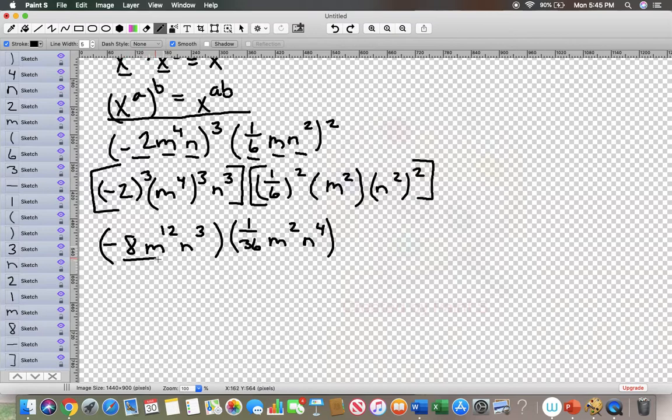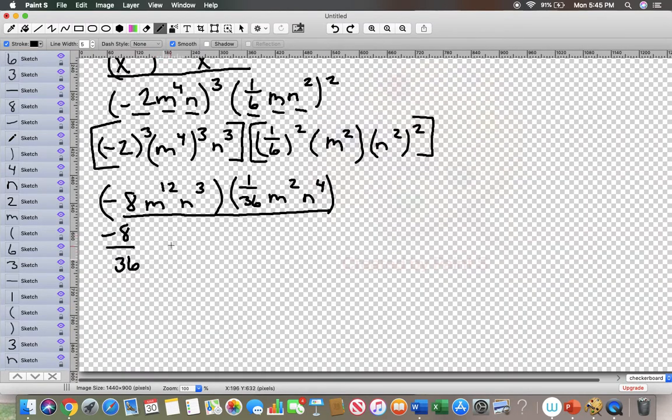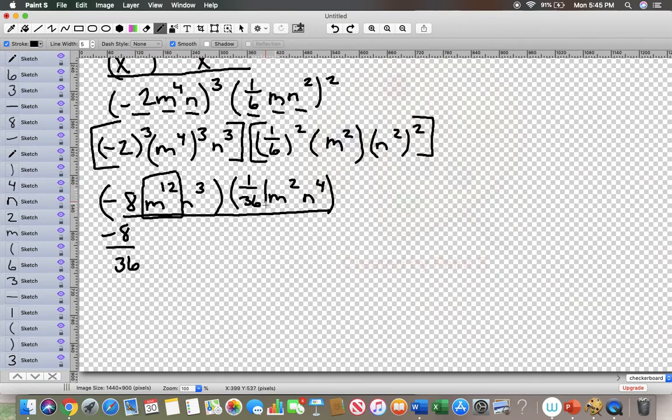Now, I can simplify even more because what operation am I doing with all of these? Well, I'm multiplying. Negative 8 times 1/36. Well, that's negative 8/36. We'll come back and simplify that in a minute. M to the 12th power. Hey, I've got same base right here.